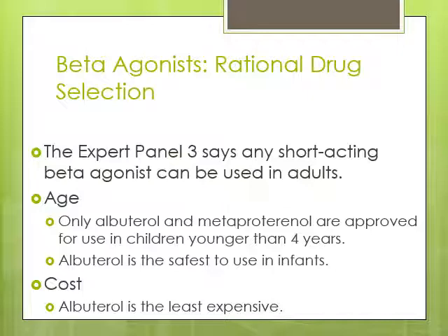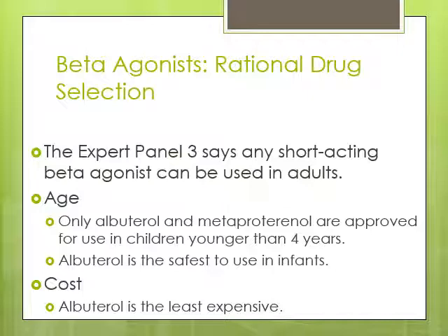The only short-acting bronchodilators that can be prescribed for children under age 4 are albuterol and metaproterenol. And so that is something that you need to understand.